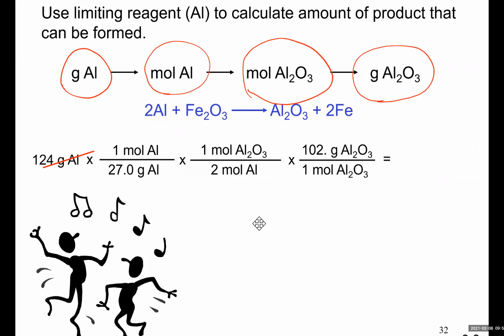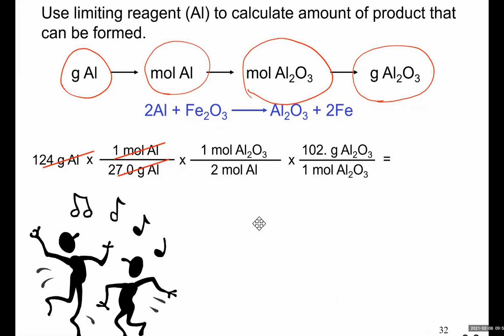And if you check your conversion factors, do you see grams of Al and grams of Al cancel each other? Why am I doing this? I want to make sure I have used the right conversion factor. I want to make sure the unit which is left is the unit of the substance that the problem is asking for. Let's see if we used the right conversion factor. So grams of Al and grams of Al cancel each other.